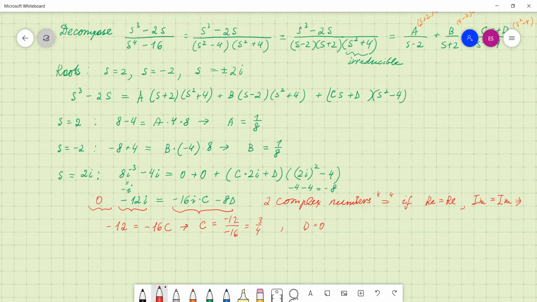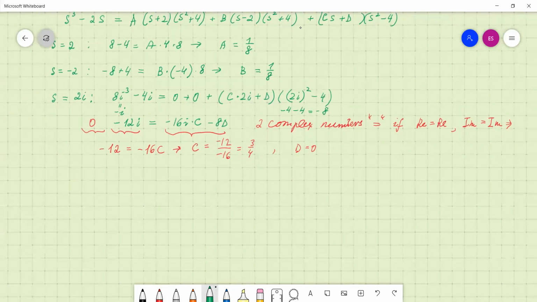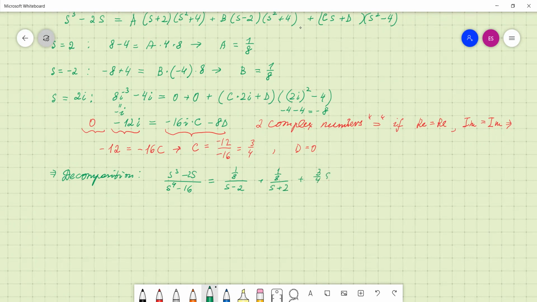I found my coefficients. So now I'm going to write down the decomposition and the final answer. Let me move it up. I'm going to return back to green color because this one is just explanation. So my decomposition: s cubed minus 2s over s to the power of 4 minus 16 is going to be 1 over 8 times 1 over s minus 2 plus 1 over 8 times 1 over s plus 2 and plus 3 over 4 times s over s squared plus 4.